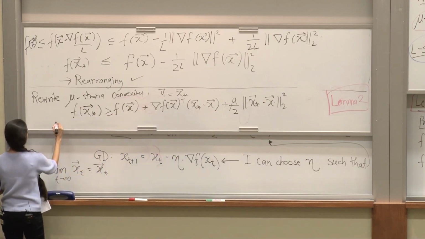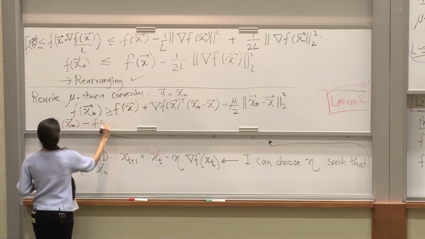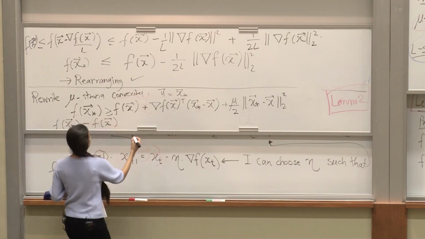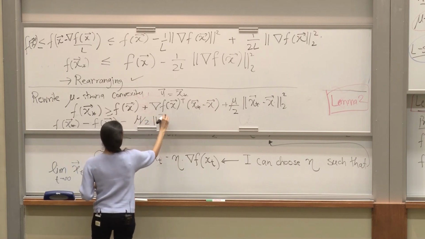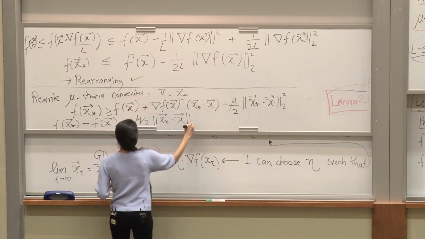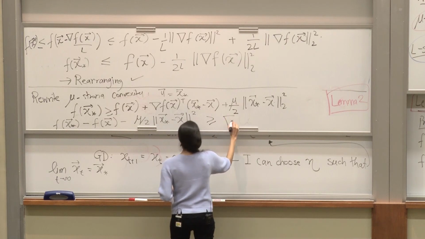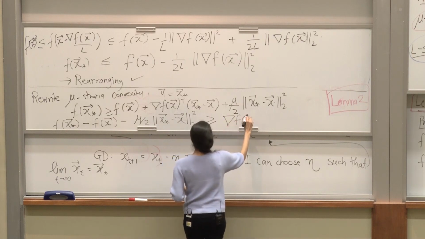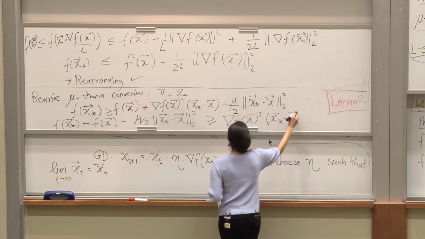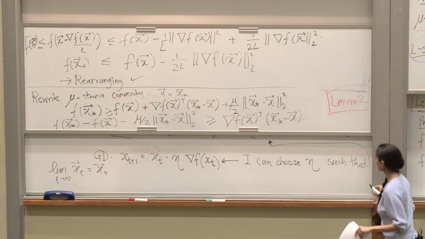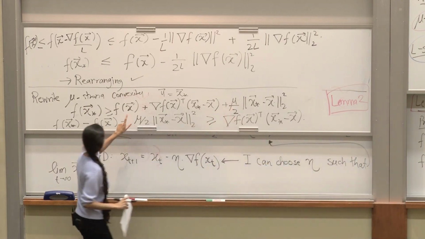So then I have f of x star minus f of x minus mu over 2 x star minus x is greater than or equal to gradient of f of x transpose x star minus x. All I did was take this term to the other side, and take this term to the other side.